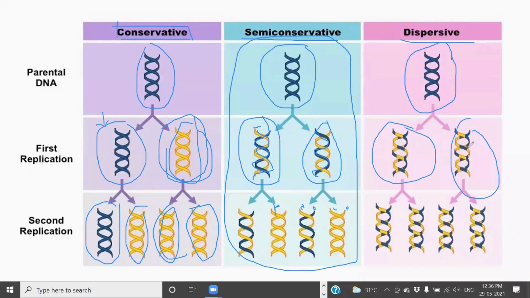Some part is the parental DNA, some part is newly synthesized. In this way, replication takes place in each cycle, and the old parental DNA molecule gets distributed in every cycle of replication. So this is the dispersive mode of replication.